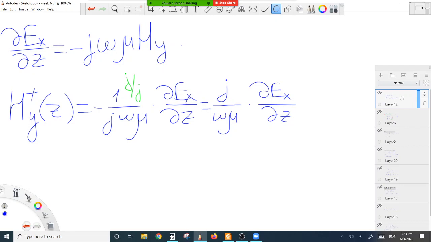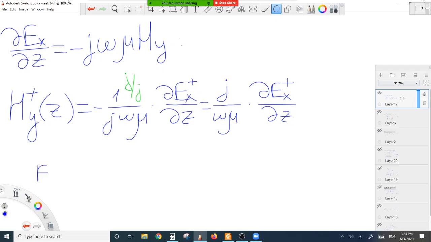Okay, from our previous lesson, we know that here it is plus, here it is also plus, because we are dealing with a forward propagating wave.